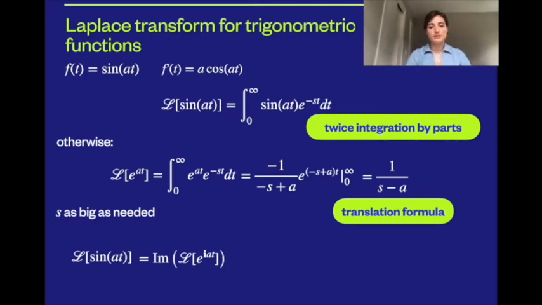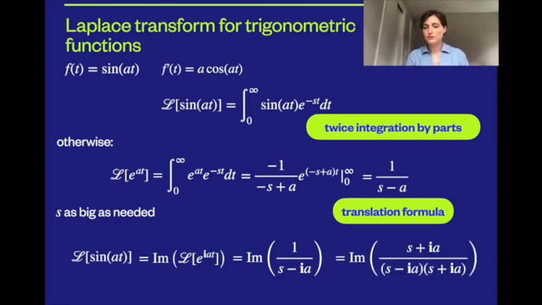And because the Laplace transform is linear, we can take the imaginary part out. But we have just computed exactly the Laplace transform of e to the at. In this case, we just have added an imaginary number in front. Note that while we were doing the Laplace transform of the exponential, we never said that a had to be real. So having a complex value there is no problem for us.